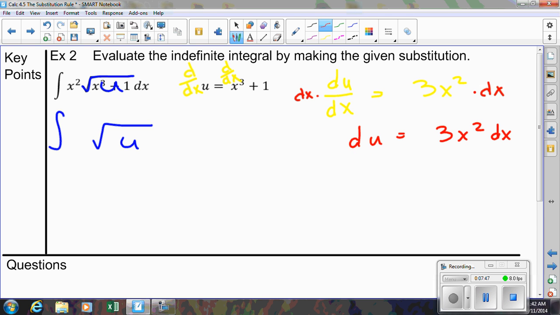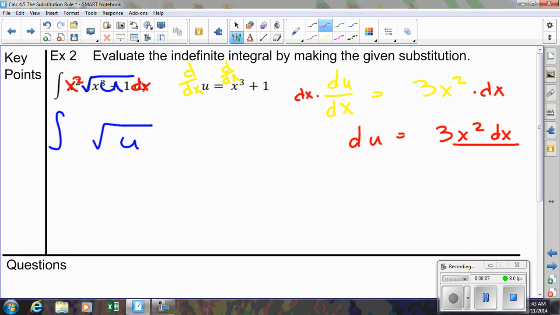Do we have the full 3x squared dx in our original problem? No. We have this x squared, so that's good. We have this dx, and so we have those pieces, but we do not have the 3.